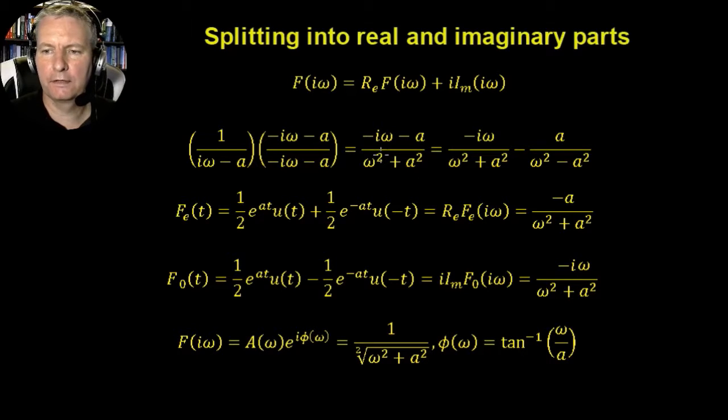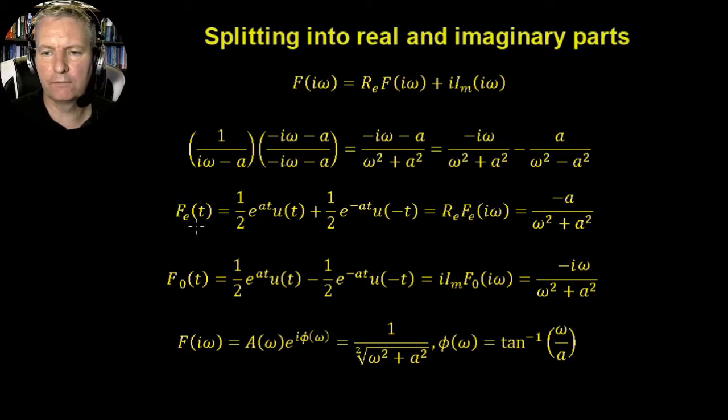Then we can simply split this into the purely real part, which is minus a upon omega squared plus a squared, and the purely imaginary part, which is minus i omega upon omega squared plus a squared. So that means the function we were looking at before, the purely even function of time, is given by this.